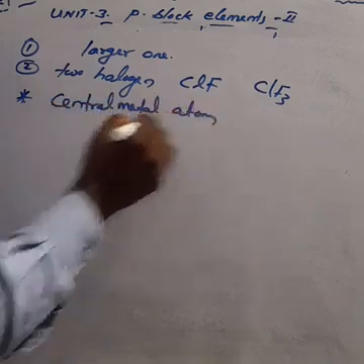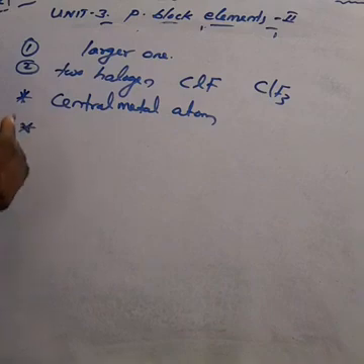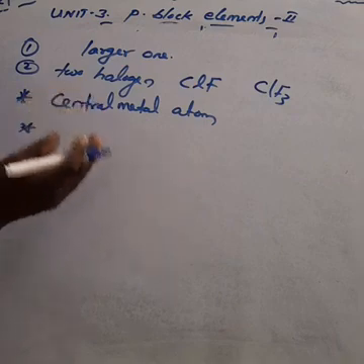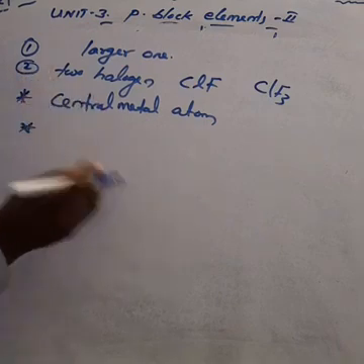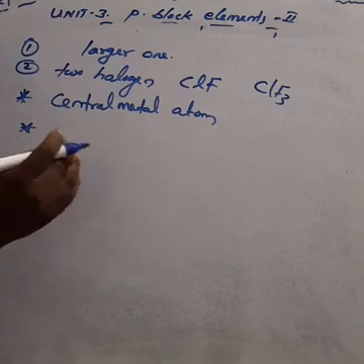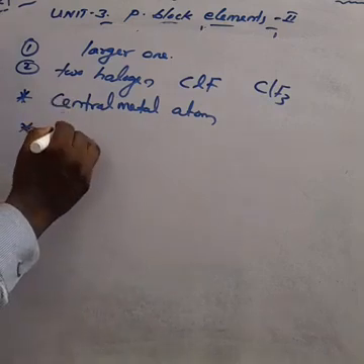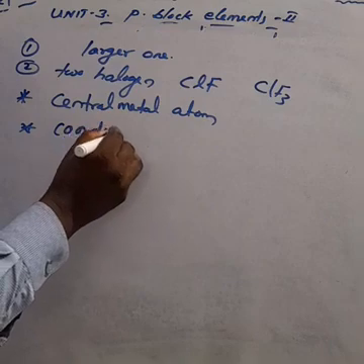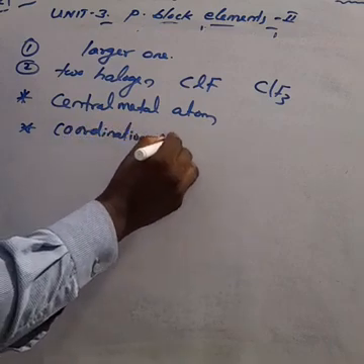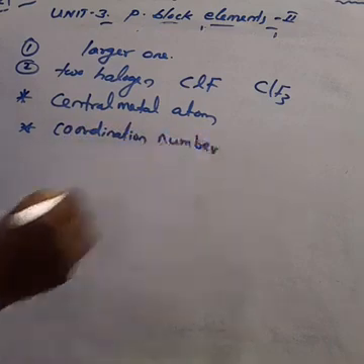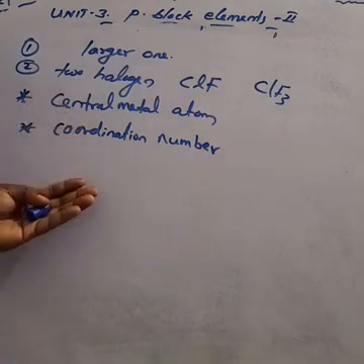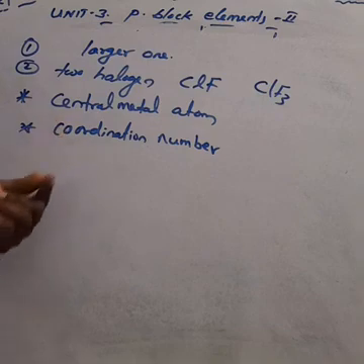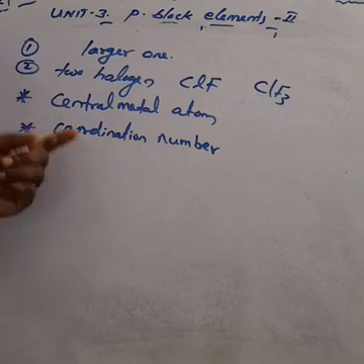Fourth point. Due to the high electronegativity and small size of fluorine, it helps the central atom to attain a high coordination number.